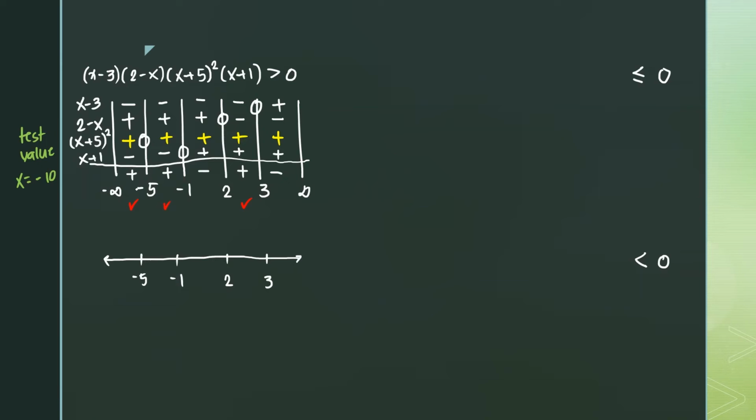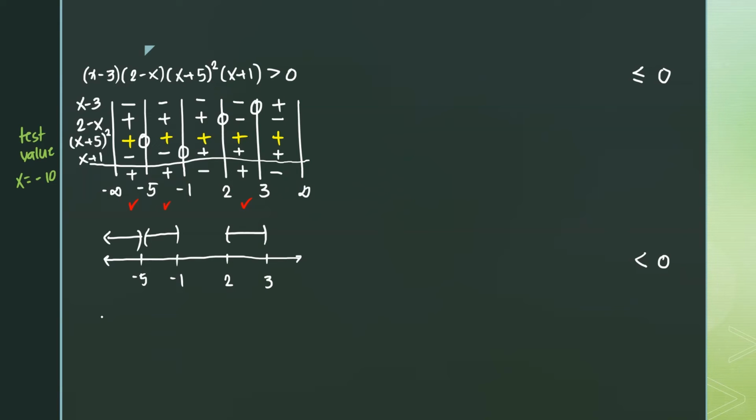So it says there, negative 5 onwards to the left, negative 5 up to negative 1, and 2 up to 3. Now, it does not have equal signs, so that means parenthesis, parenthesis for everything.